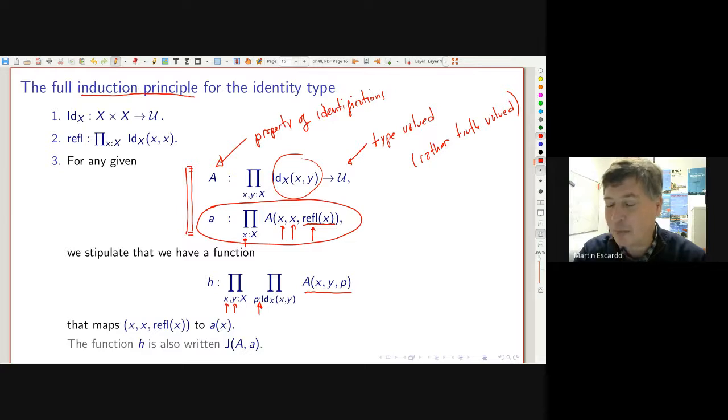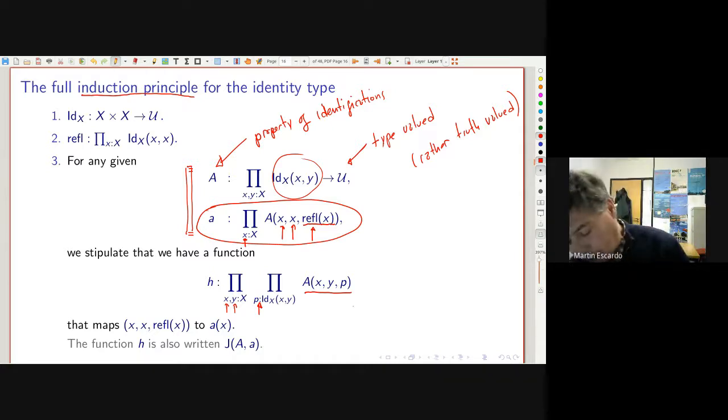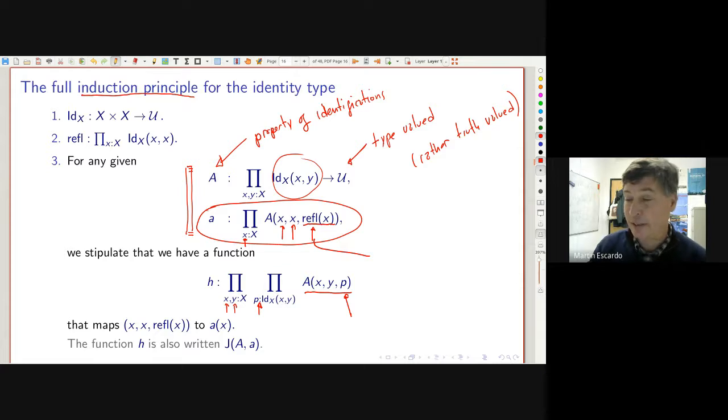So the Yoneda lemma says if you want to do something with all natural transformations, it is enough to know what you do to the identity natural transformation, yeah? It's a kind of magic, and this similar magic is happening here. To prove that something holds for all identifications, it is enough to prove that it holds for the reflexive identification.